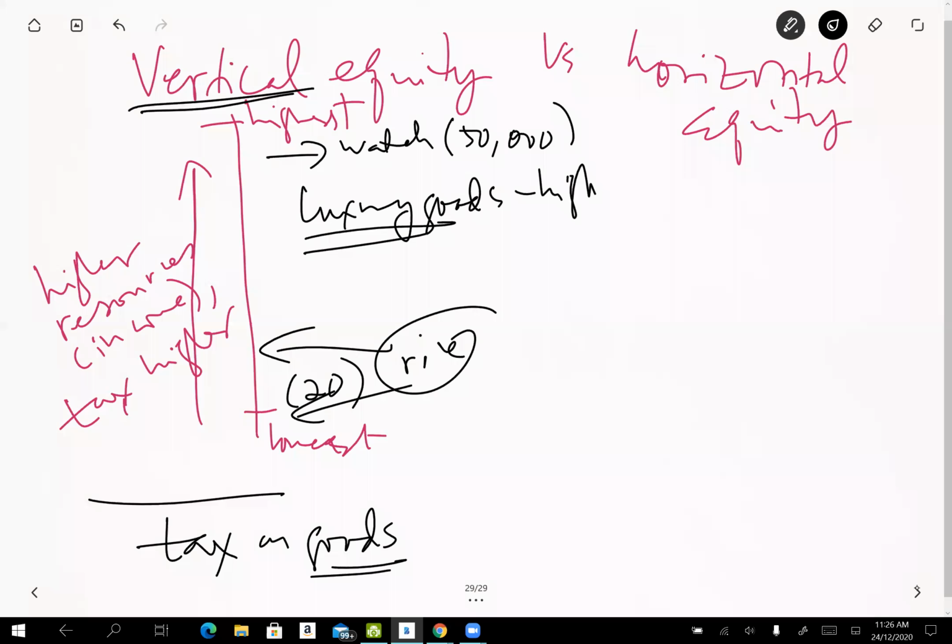Now, horizontal equity is where you look not across income groups but within the same income group. Same income, same resources, pay the same tax.